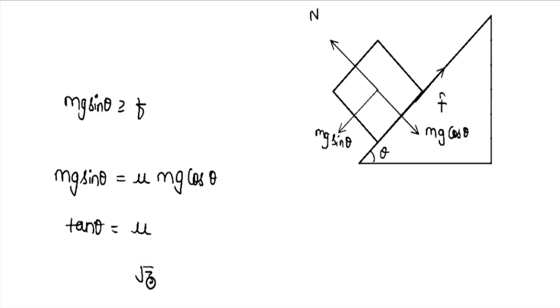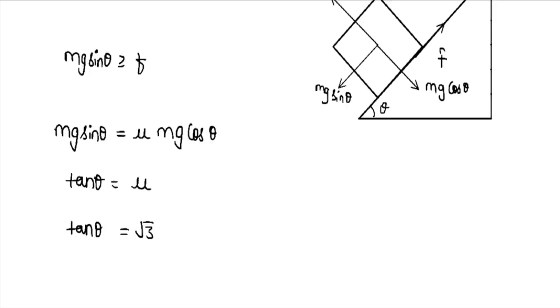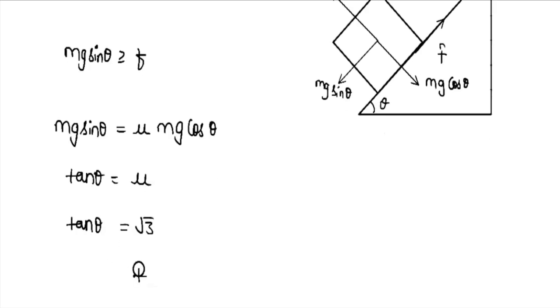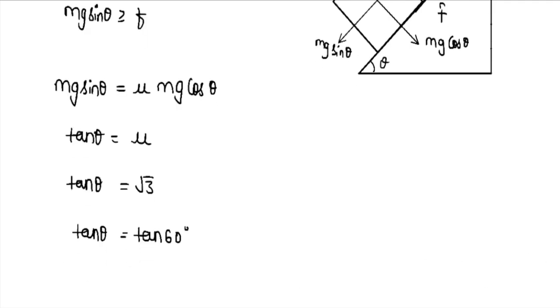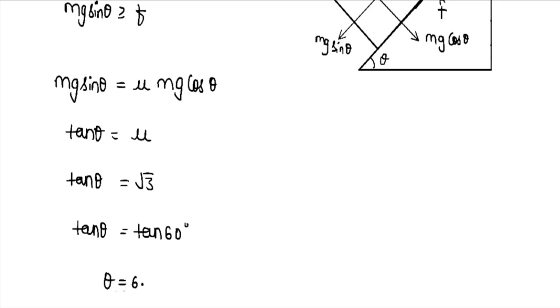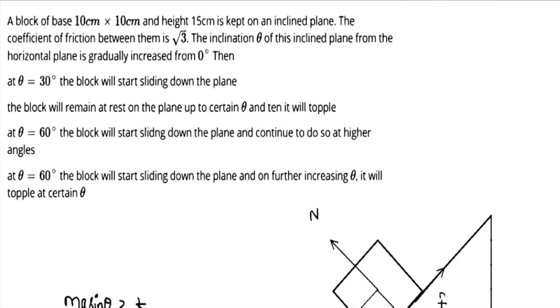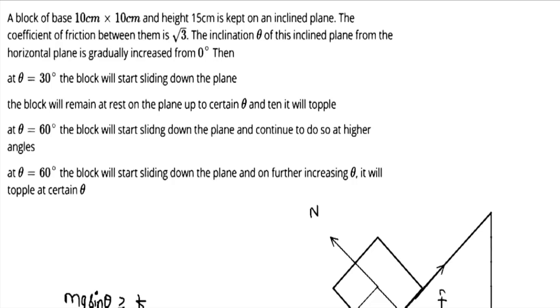So if we put the value of root 3, it is our tan theta. And root 3 can also be written as tan 60 degree, equal to tan theta. So our theta is 60 degree. So the block will start sliding when theta is 60 degree. So if we compare, our first option is at 30 degree the block will start sliding down the plane. So it is incorrect.